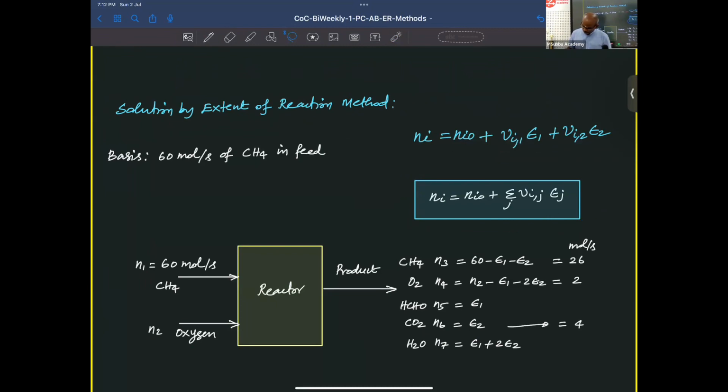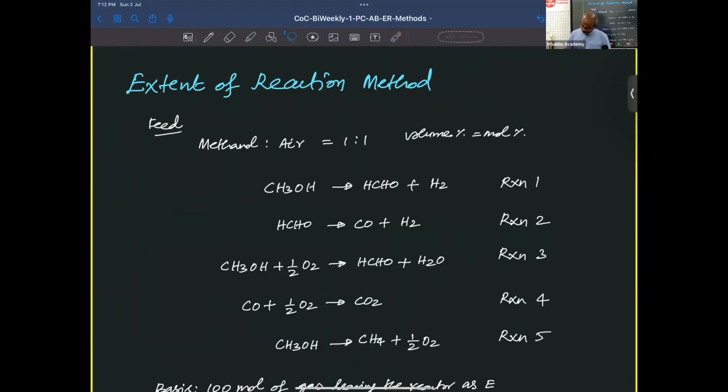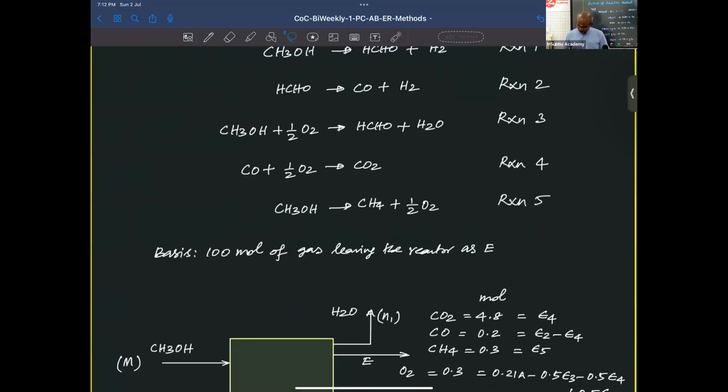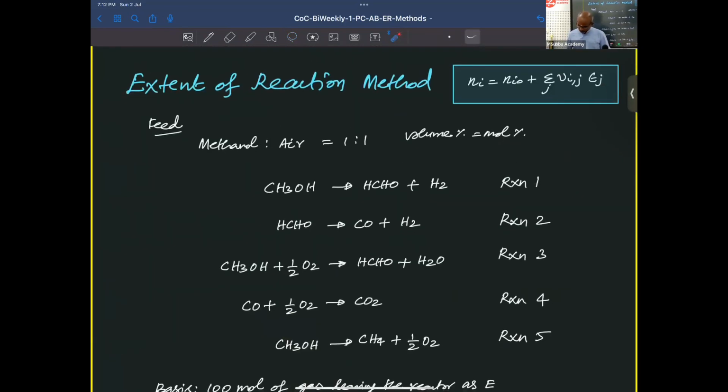Simply implement the formula for every component. Maybe I'll copy it and paste it here. That formula is implemented. Of course, CO2 is there only in the fourth reaction, in the product.